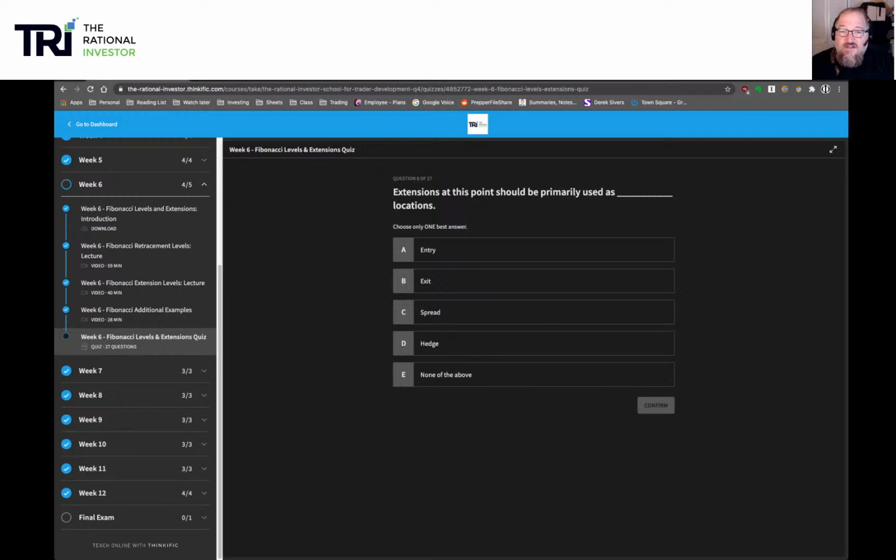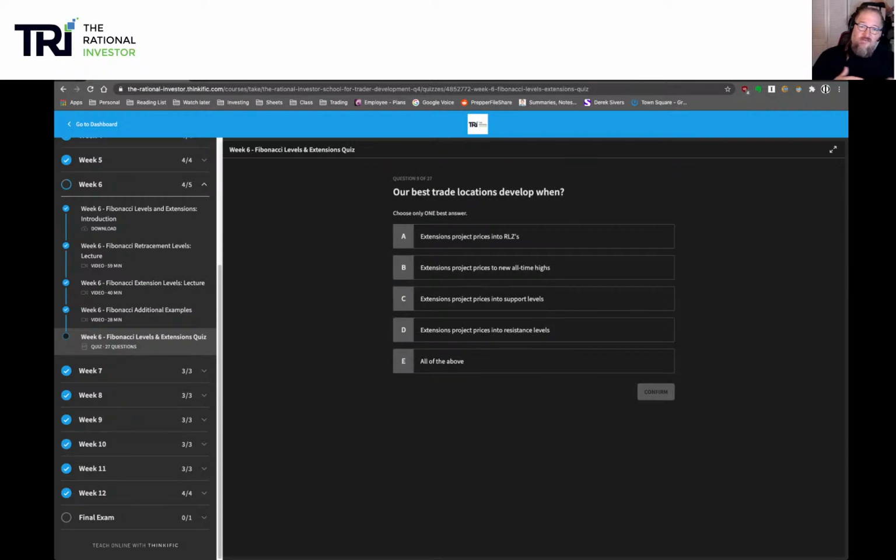And then extensions at this point should be primarily used as exit locations. Okay, and that's really important. Don't mix up your extensions and your retracements. Our best trade locations are often found when extensions project prices into RLZs, and that's where we are expecting to take profits on our trades.